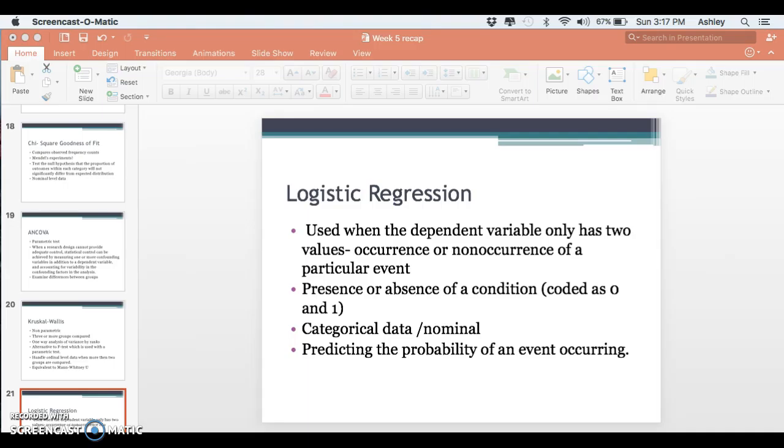So, for example, if we ask why some individuals experience recurrent falls, that's pretty much why we use the logistic regression.